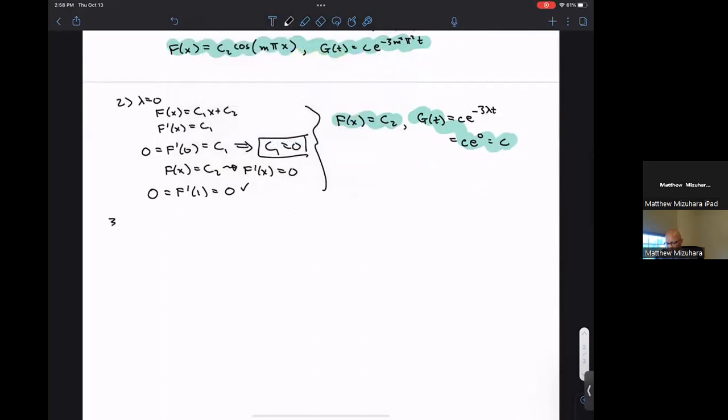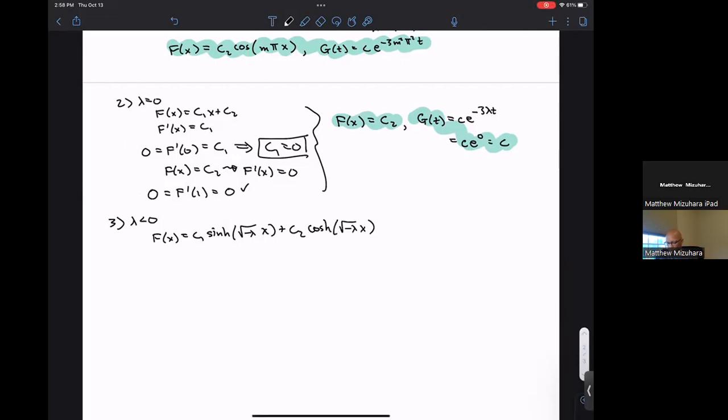And finally, let's check that last case when lambda was negative. That's when I'm going to start getting the sinh and cosh. So c1 sinh of root minus lambda x plus c2 cosh of root minus lambda x. All right, so now you might have to remember some facts about sinh and cosh. They basically behave as derivatives like sine and cosine, but no minus signs pop up.